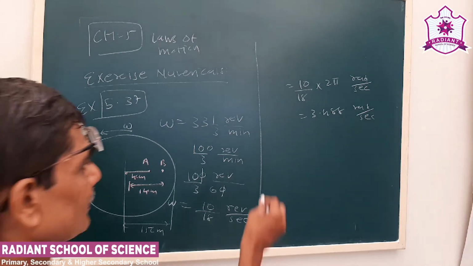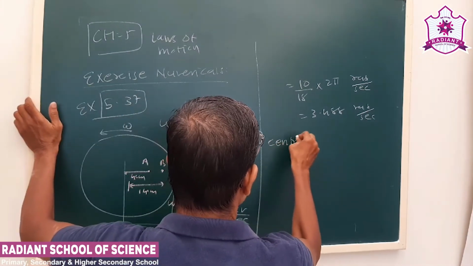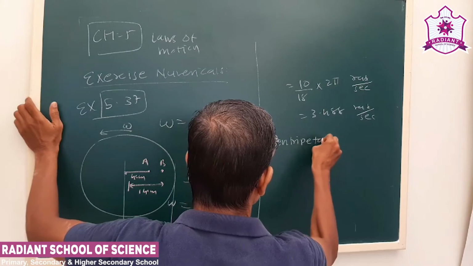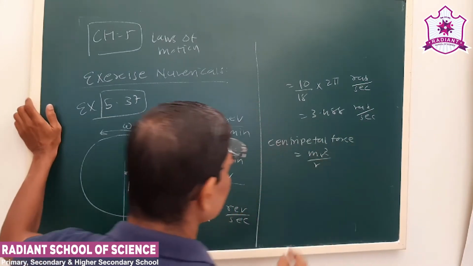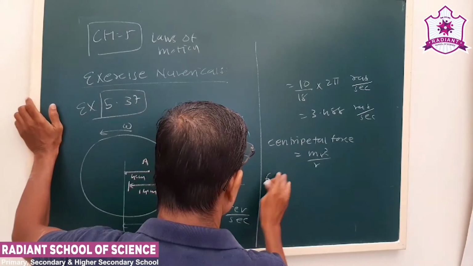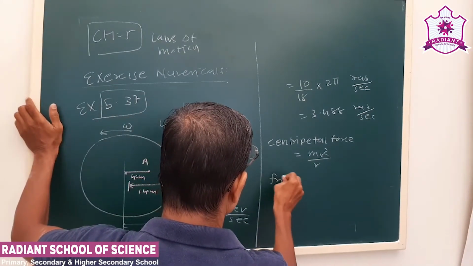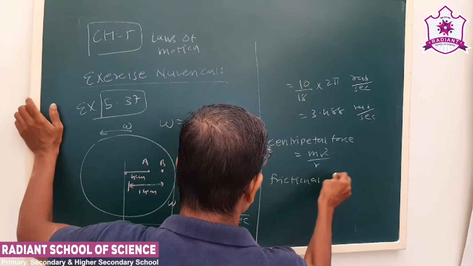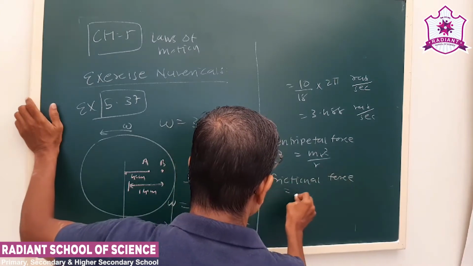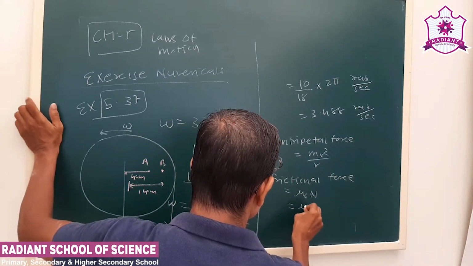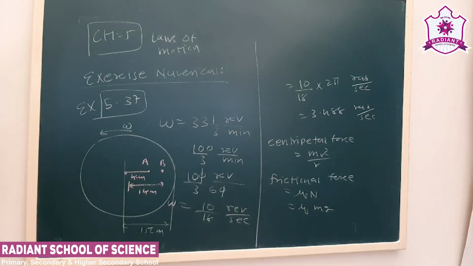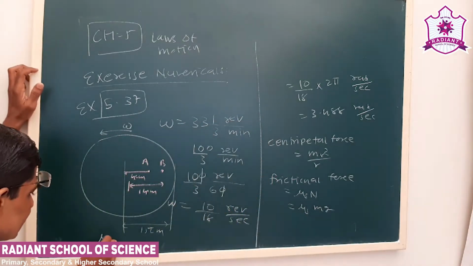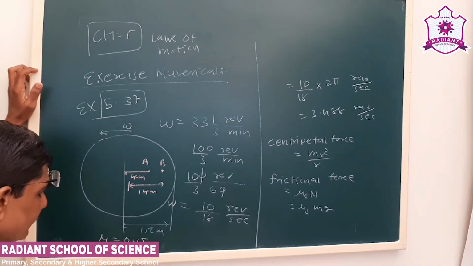Now see the centripetal force is m v square by r, and the frictional force is mu s into N. The coefficient of friction is given as 0.15.